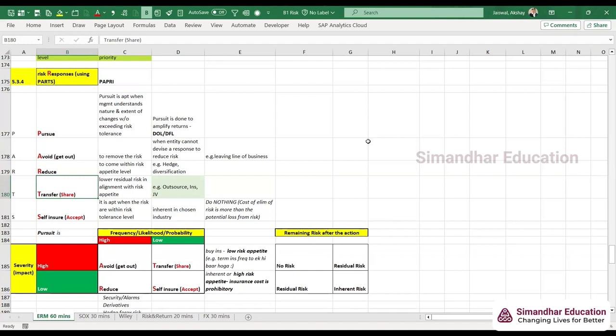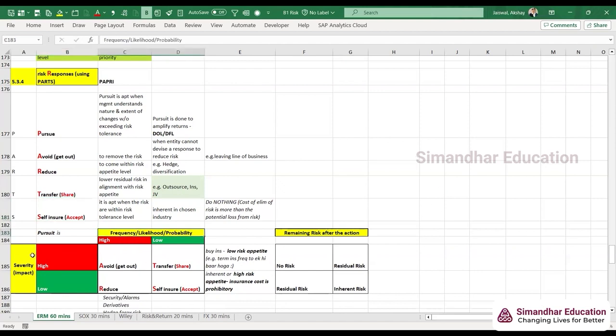If we take an insurance, then it is the classic case of transferring or sharing the risk. A third party is involved in this. Self insurance or accepting the risk means that we are going to just accept the risk. It is like inherent risk, right, which we were talking about earlier. So we are going to accept it, we are not going to do anything.